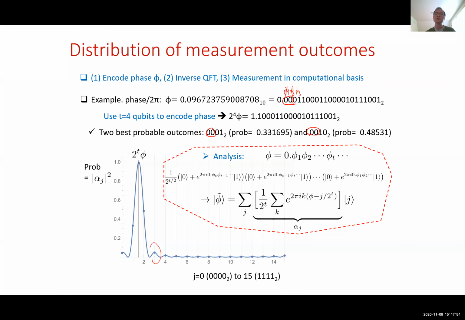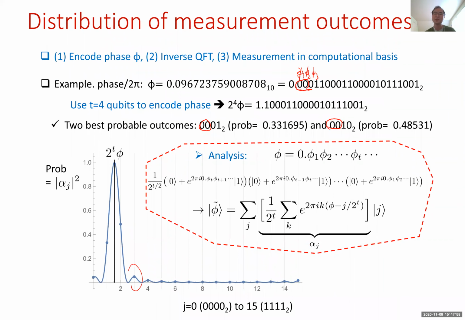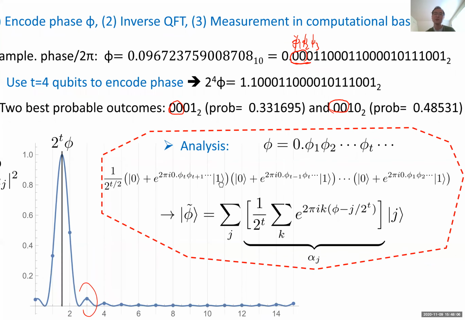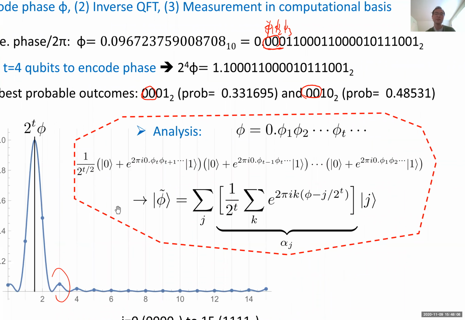Okay, so I'm not going into the detail of analysis, but let me just say how you could do it, right? So you have the phase encoding. Remember the circuit that we have from the last page. You apply the U and U raised to 2 to the 10 power. They give you this phase state. And then you do the inverse Fourier transform.